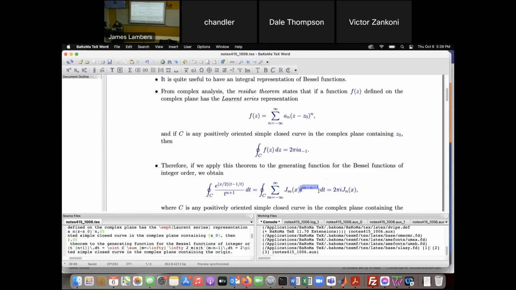But for this to be t to the minus 1, that would require that m equal n. Thus we get Jn of x. So right here, we already have an integral representation of Jn of x. That's equal to this integral divided by 2 pi i.